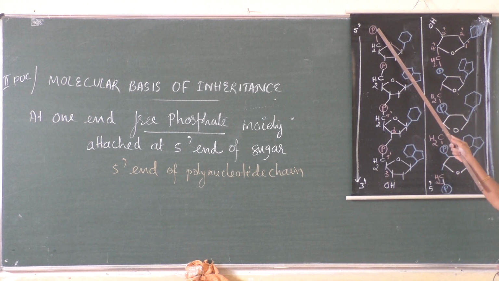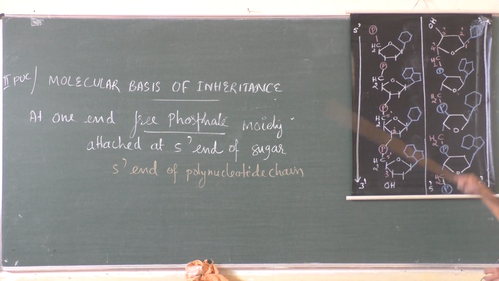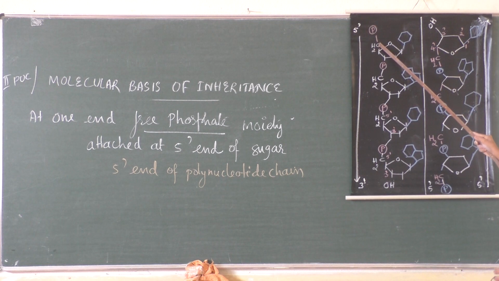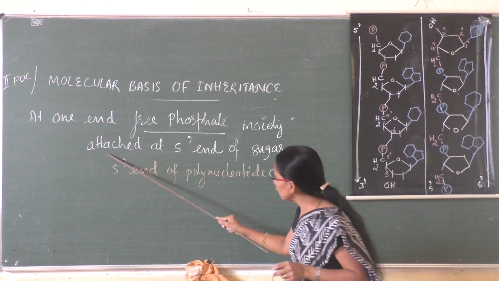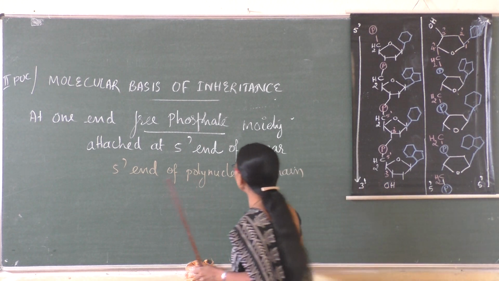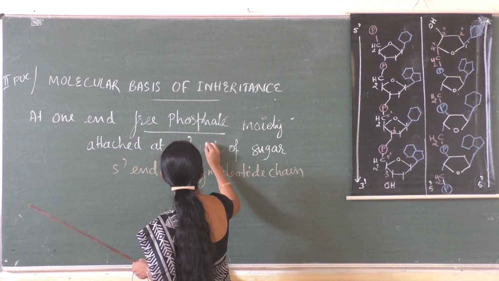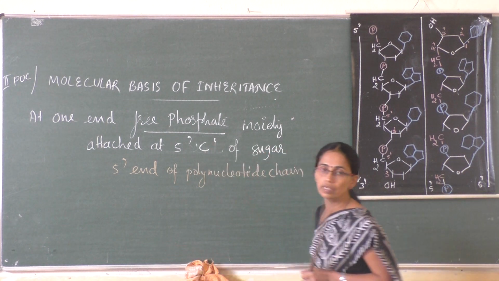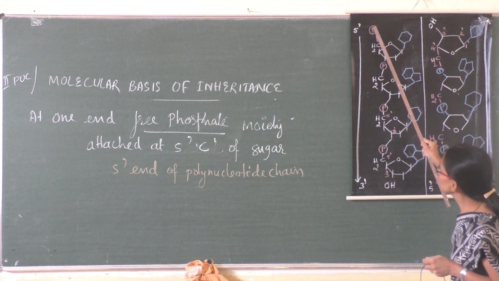Now that free phosphate is attached to what? That free phosphate is attached to the fifth prime carbon of the sugar, deoxyribose sugar. Yes, this phosphate is attached.